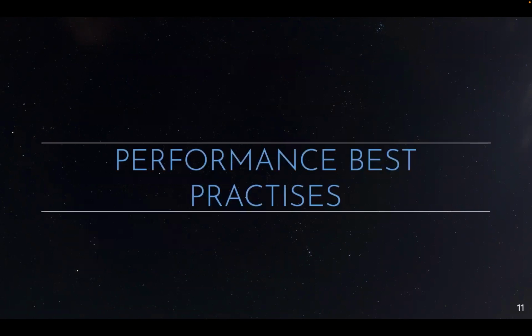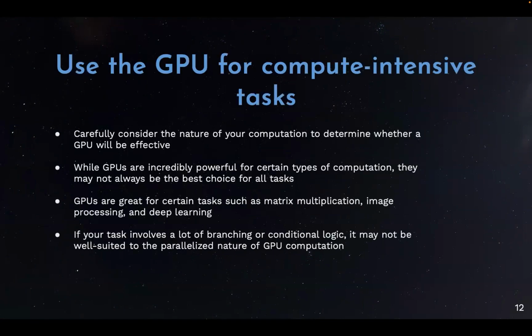Okay. So I will quickly talk about some of the maybe unique concepts in GPU computing. With this slide, I mean that you really have to consider first what task you're trying to solve before using GPUs.